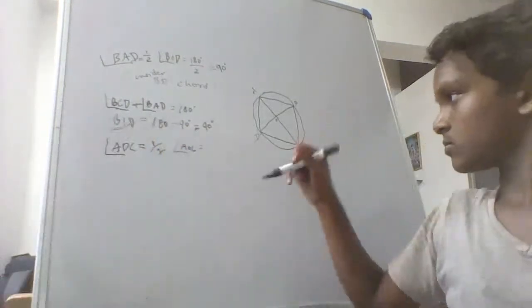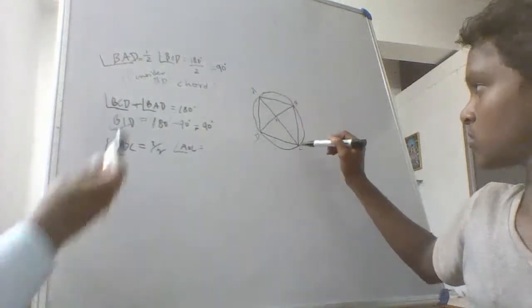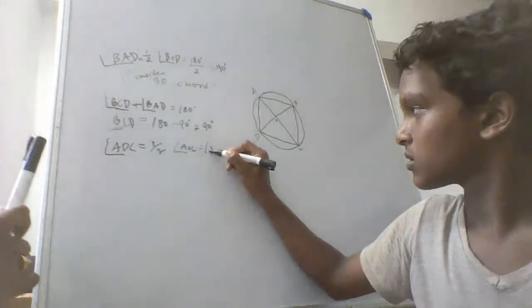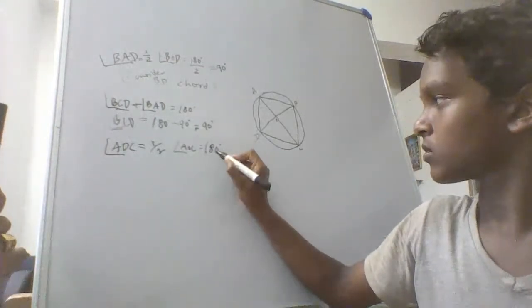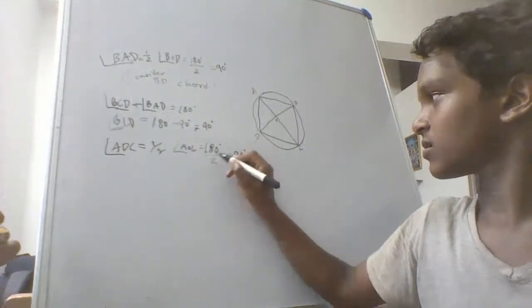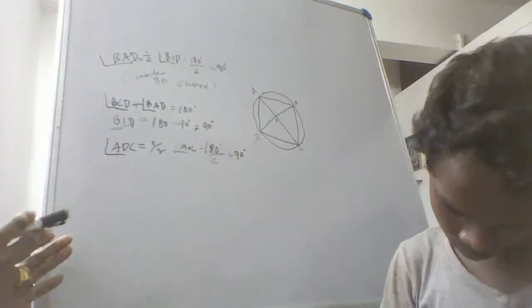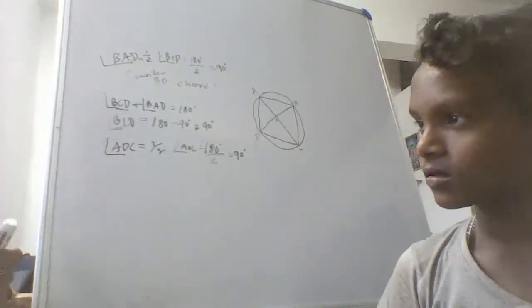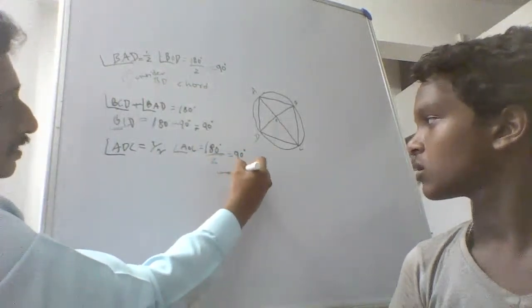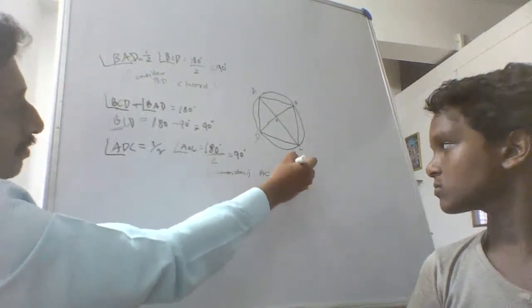Show me where you have AOC. Yes. So that is 180 degrees, and 180 divided by 2 is 90 degrees. And here, what have you considered? AC as a chord. Please remember that.